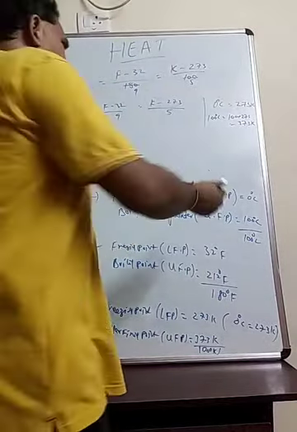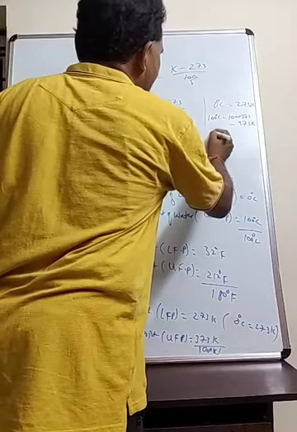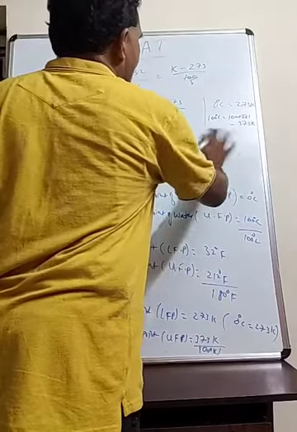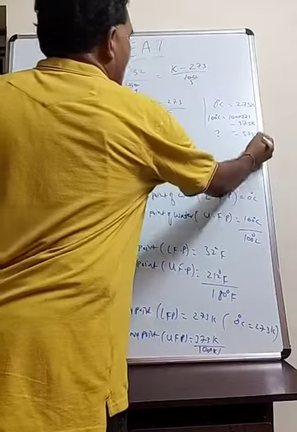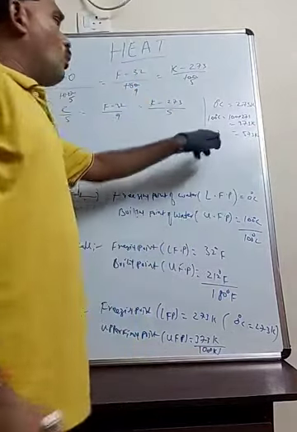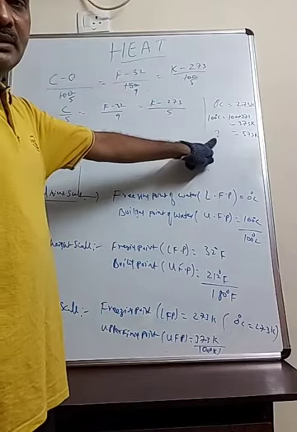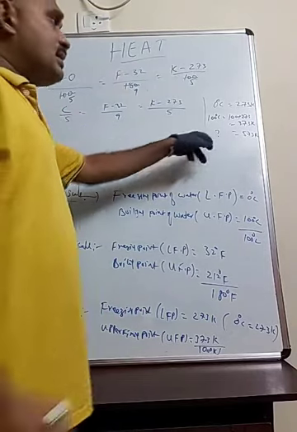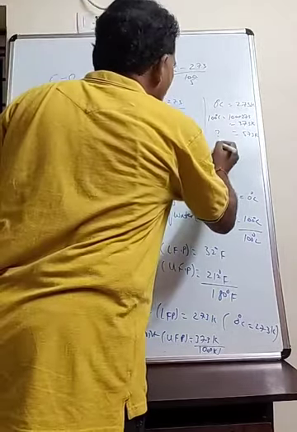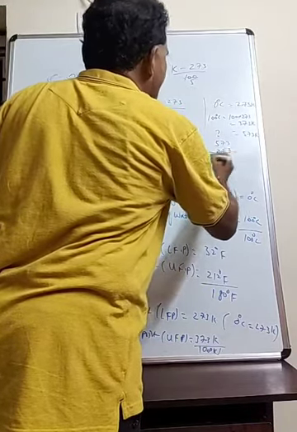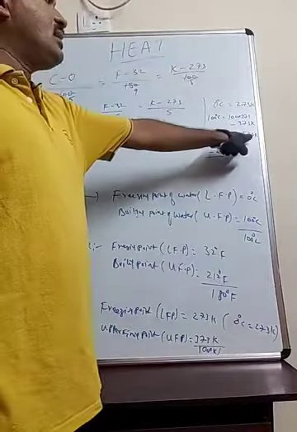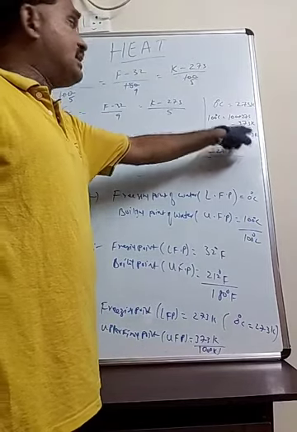And the other way, suppose 573 kelvins is given. What is the value in degrees? We need to subtract 273 from 573, because we are given kelvins and need to convert into degrees.